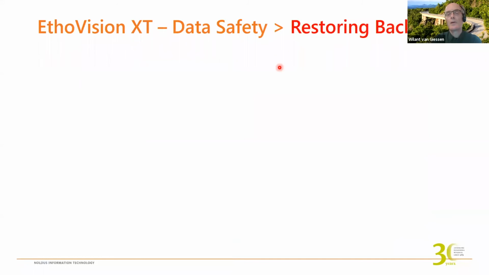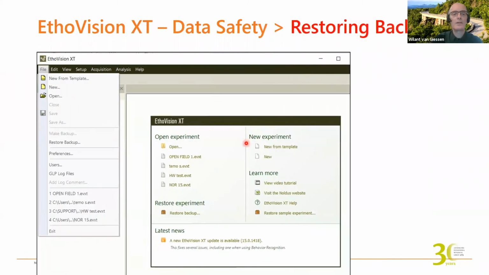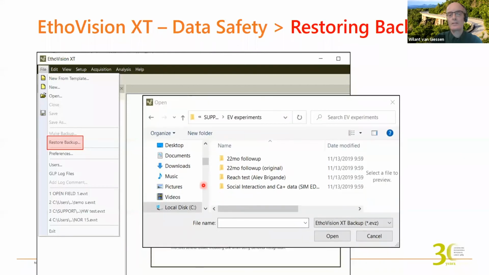And so now you can save that EVZ file on a flash drive or on the network or an external hard drive, and then take it to another computer on which you install EthoVision. You can install EthoVision on every computer you'd like. And then you click on Restore Backup, navigate to your EVZ file, and now it opens up on that other computer for maybe post-tracking analysis.